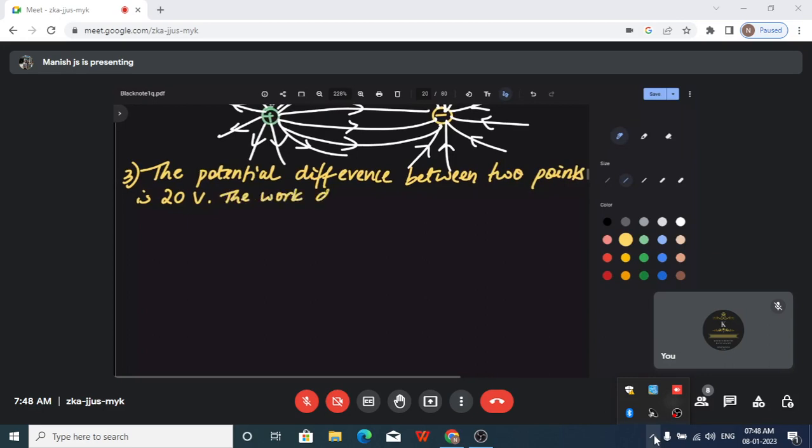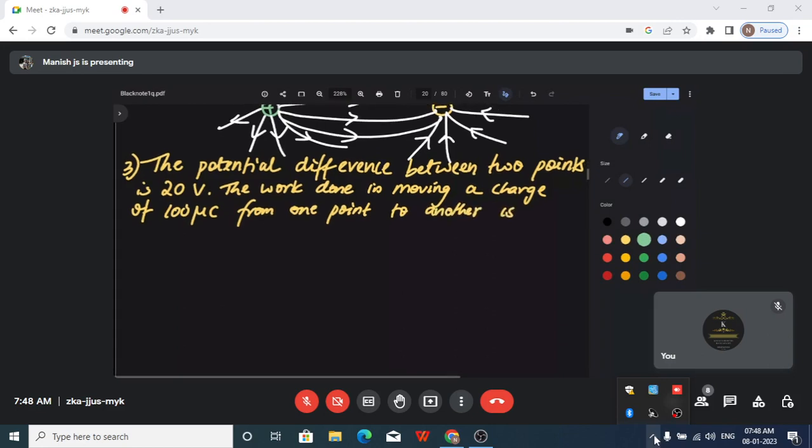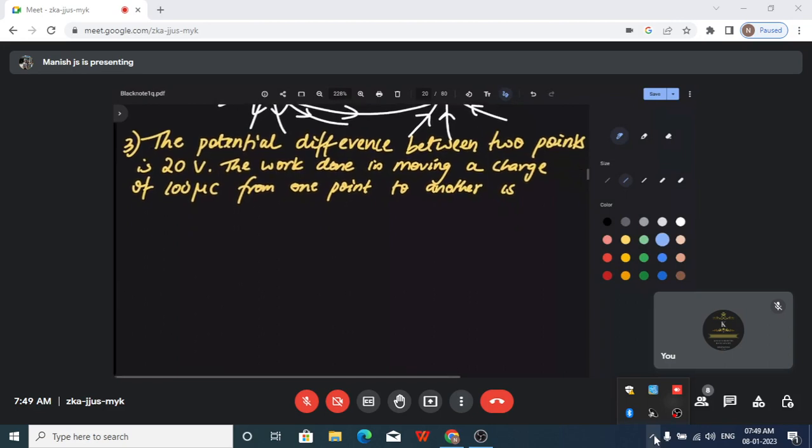The work done in moving a charge of 100 microcoulombs from one point to another is, options.